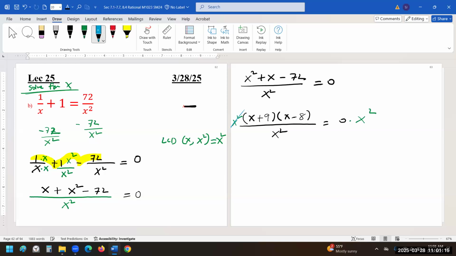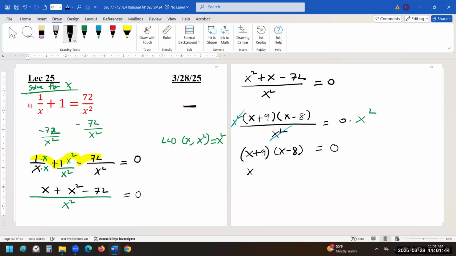The numerator, denominator, cancel the denominator, numerator. Cancel with the denominator. So we have no more denominator. We have x plus 9 and x minus 8. And what is 0 times x squared? 0. And now it became a simple factor solving like we did before.